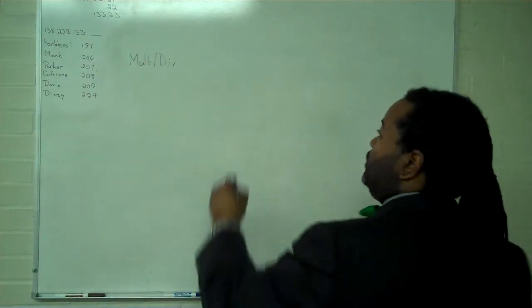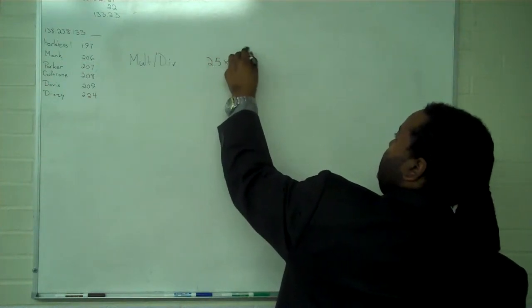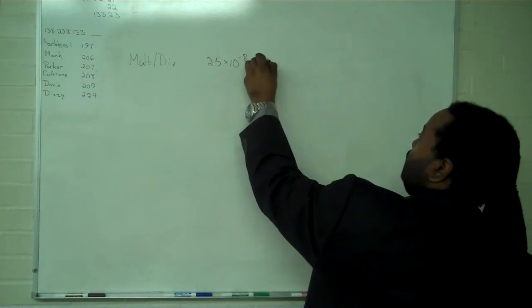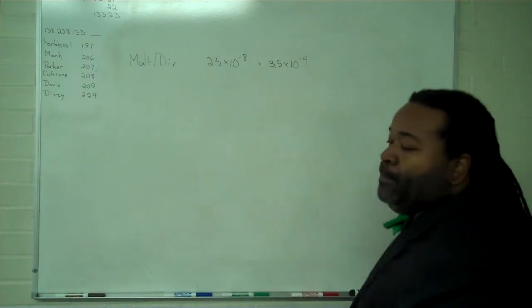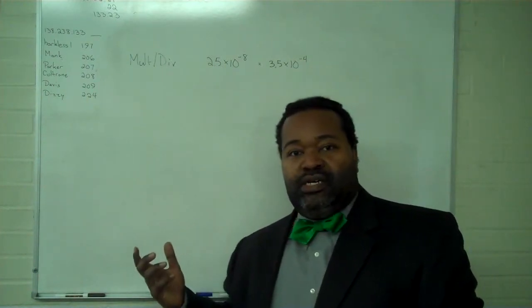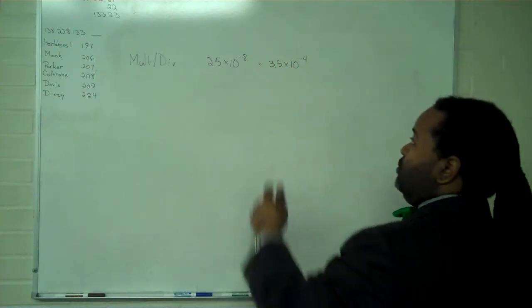that we want to take two numbers, 2.5 times 10 to the minus 8, and we're going to multiply that times 3.5 times 10 to the minus 4. The basic idea here is that multiplication is associative, so I can rearrange the order that I'm going to multiply things in.